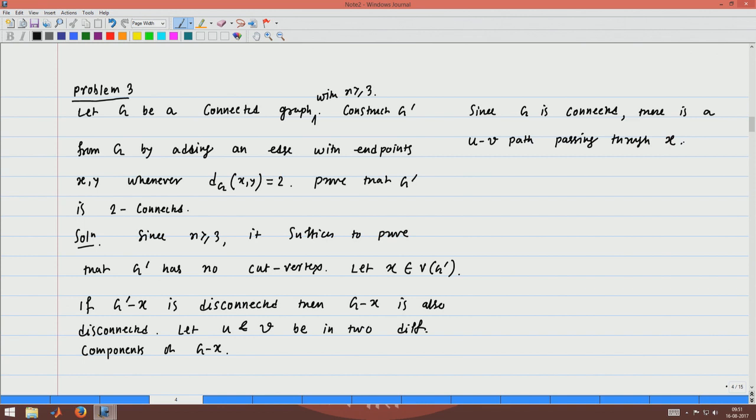This is true because if you remove x from the graph G, it becomes disconnected, that is why. So, there is a UV path from U to V which is passing through x.